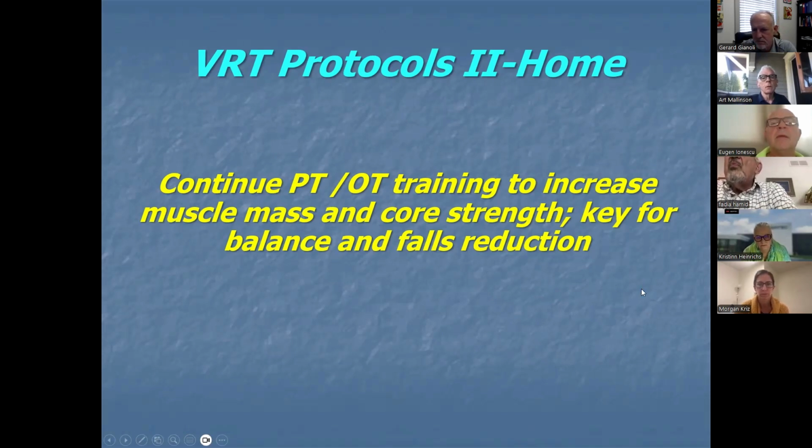What do you think of that, Morgan? Yes, Morgan. Well, this is very important because there are a lot of people who fall because of vestibular problems, but also because of musculoskeletal issues.